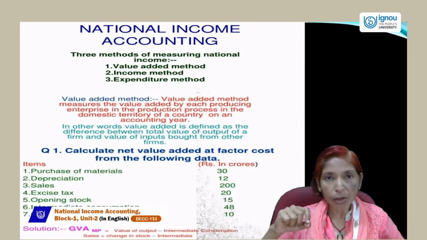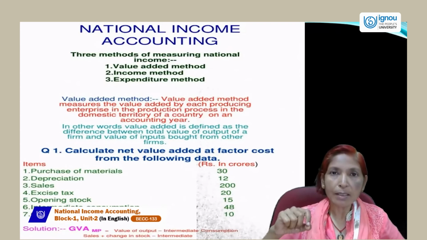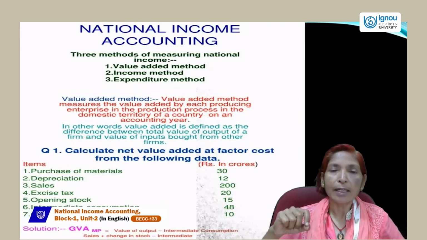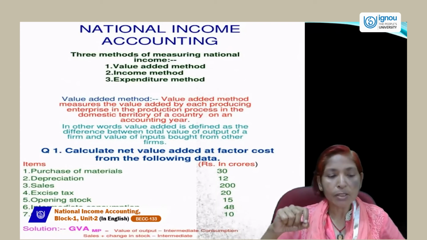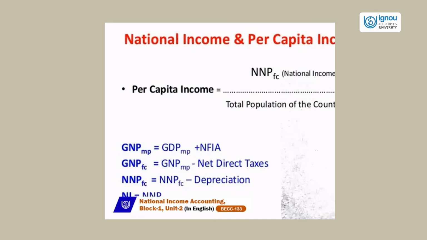If value of output is not given, then we can calculate it by adding sales and change in stock. So sales plus change in stock equals value of output, minus intermediate consumption, and then we can get gross domestic product at market price. By deducting depreciation and net indirect taxes, we can get net domestic product at factor cost.